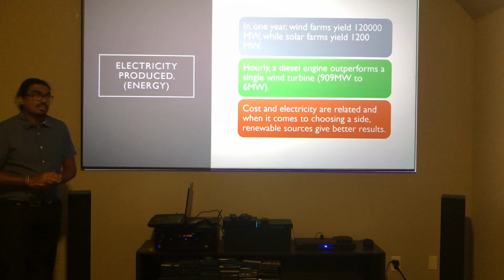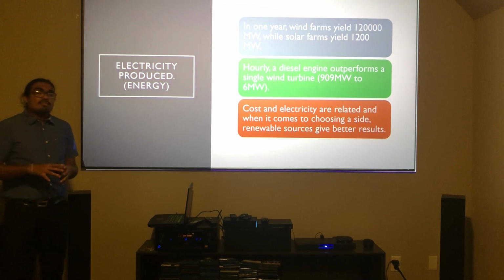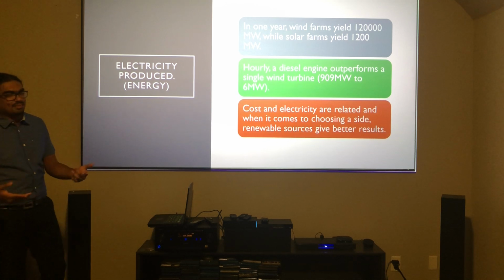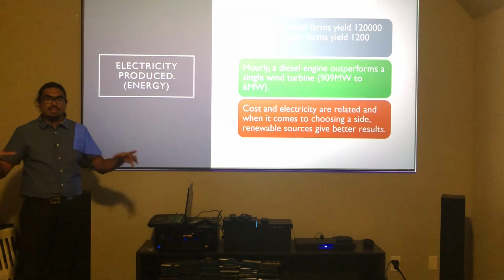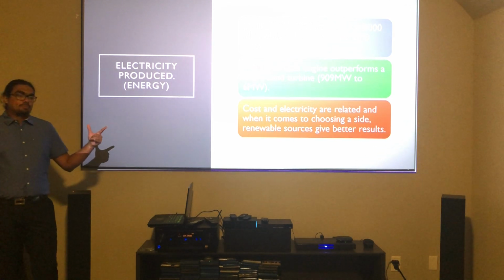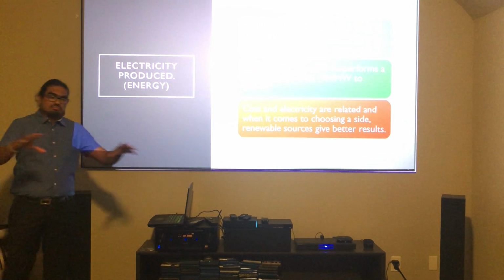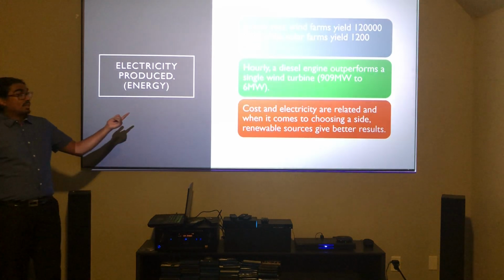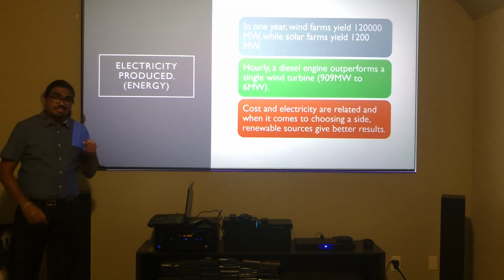That's right, per hour. The thing is that if we have a lot of wind turbines, like a farm, there's of course an outperforming whenever we have a lot. So why not change? Exactly. If we have a farm with, let's say, 10 wind turbines, we can raise that from 6 to 60 megawatts.